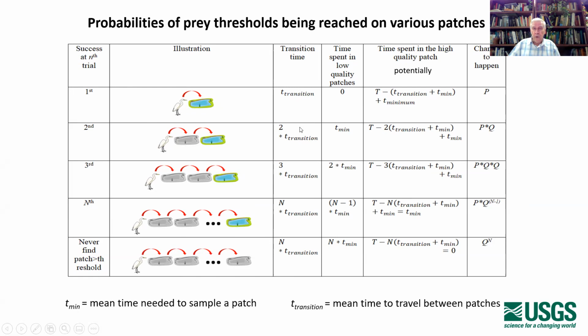So we keep track of the transition times that add up to the time spent in low quality patches before it finds the patch that it really likes, and then the rest of the time, given that this is assumed to be an energy maximizer, is the total time available minus all of the time it's spent either searching for prey or sampling.